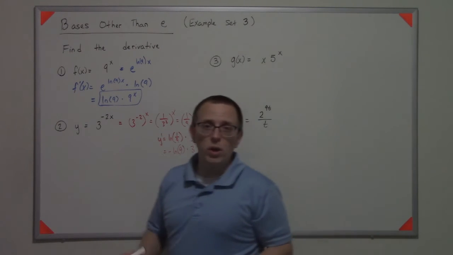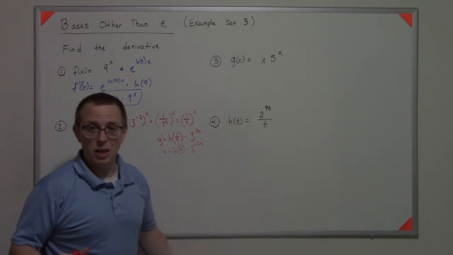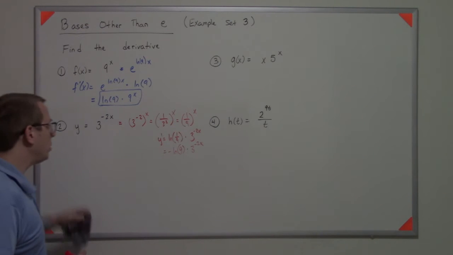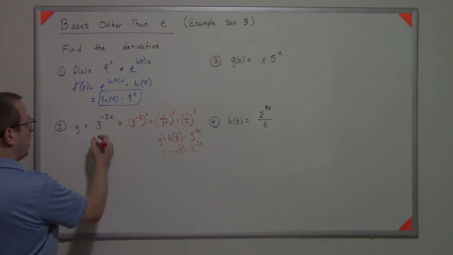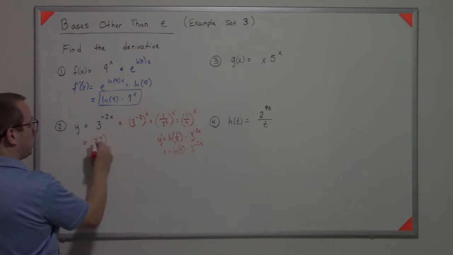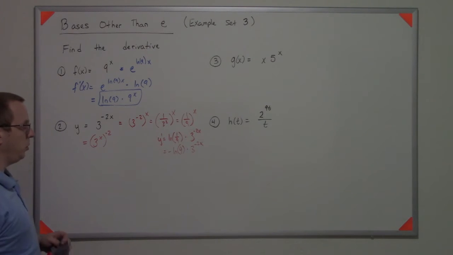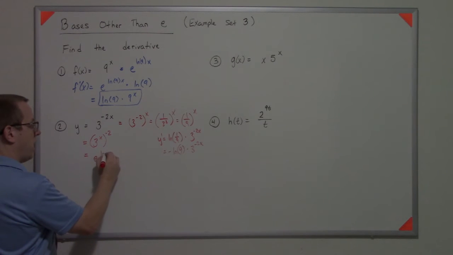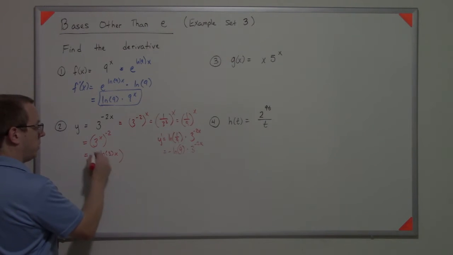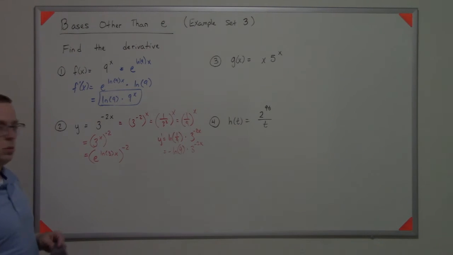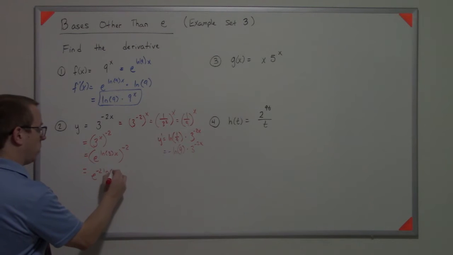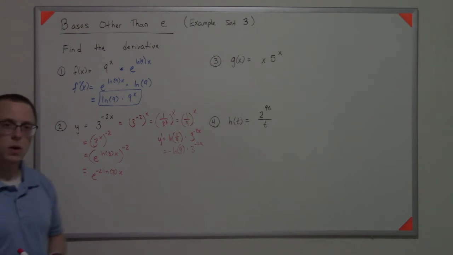But the way that they want you to do it, at least the way I'm thinking they want you to do it, is by a chain rule. So instead of 3 to the negative 2x, you write that as 3 to the x, to the negative 2. And we know that 3 to the x is e to the natural log of 3 times x, to the negative 2. So then you say e to the negative 2 natural log 3 of x.